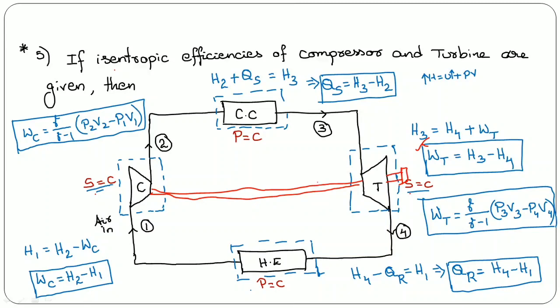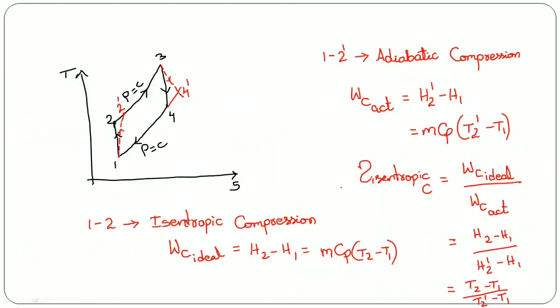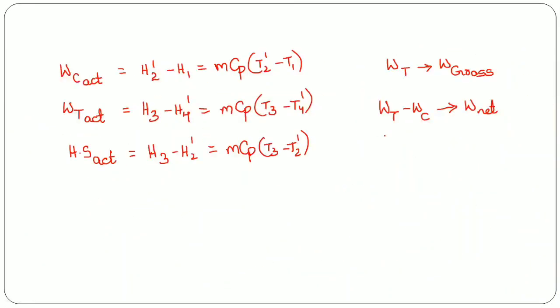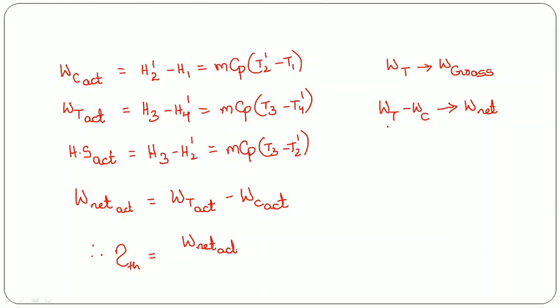So the net work done will be Wt minus Wc. Therefore net work done also we need to take in the actual condition. So net work done actual is Wt actual minus Wc actual. Therefore finally the thermal efficiency will be the net work done actual by heat supplied actual.